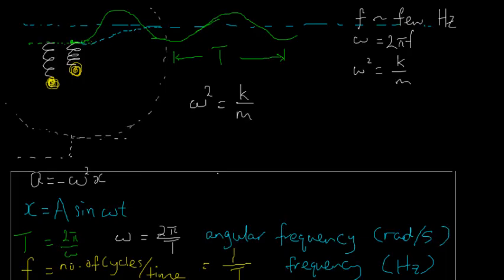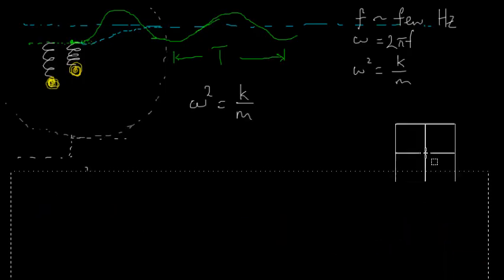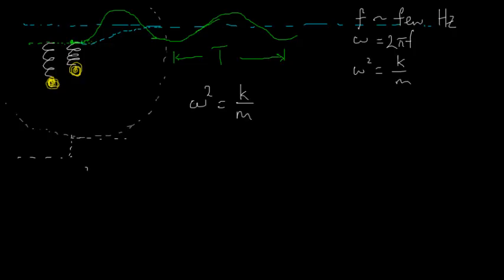Let's clear this. To make a reasonable estimate, we start with what we know about. Let's say we start with the mass of the car. Now, what do we know about the mass of the car?